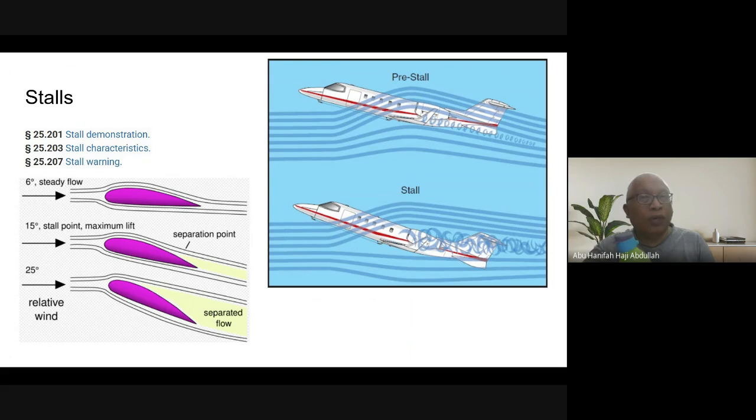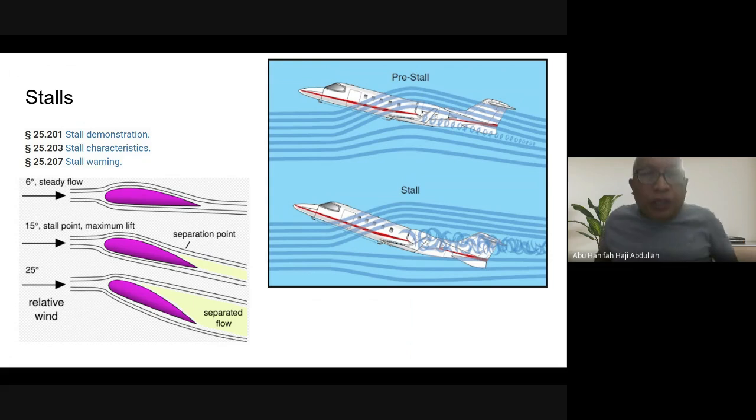However, if you have too much angle of attack, the flow becomes separated and you stall the aeroplane. So the aircraft stalls when the flow separates and the wing does not carry more lift. So that's a stall.